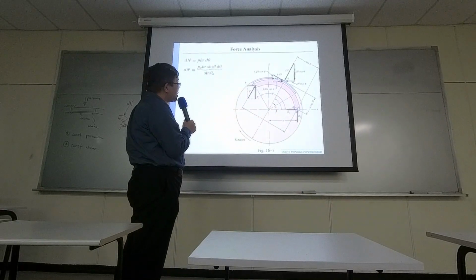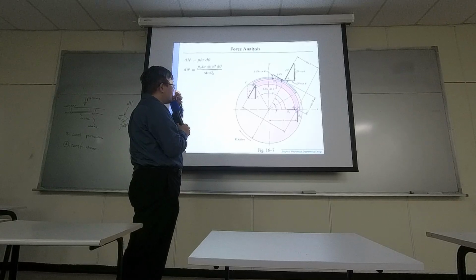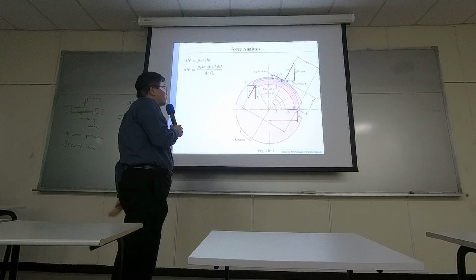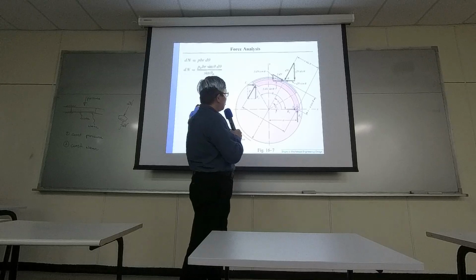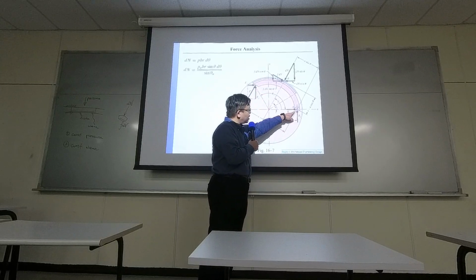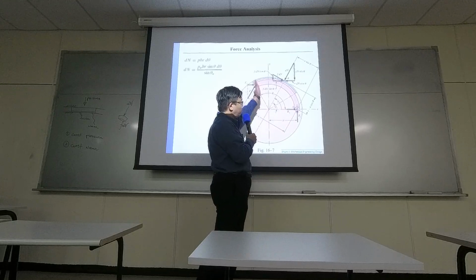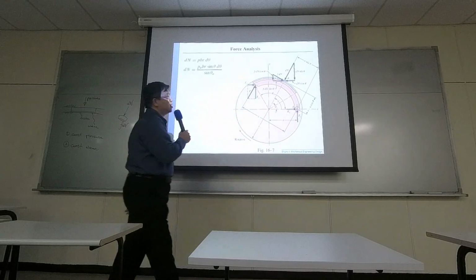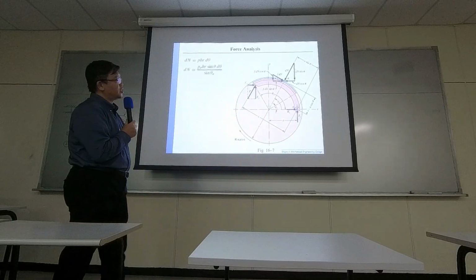Okay, and since from this geometry it will be easier if you investigate along the XY coordinate, because they want to study the reaction forces along the XY coordinate, not the polar coordinate.